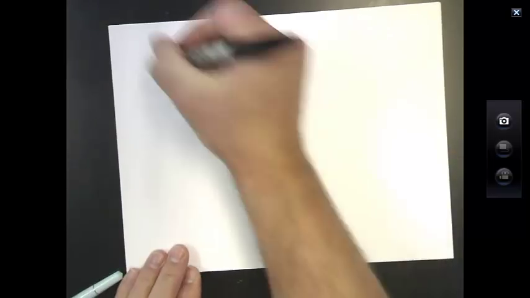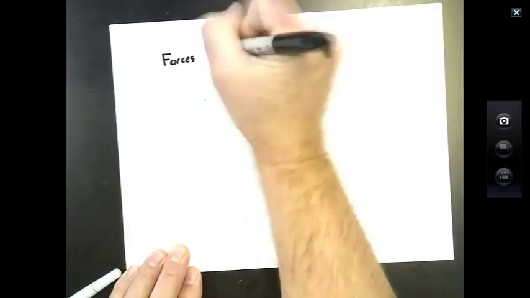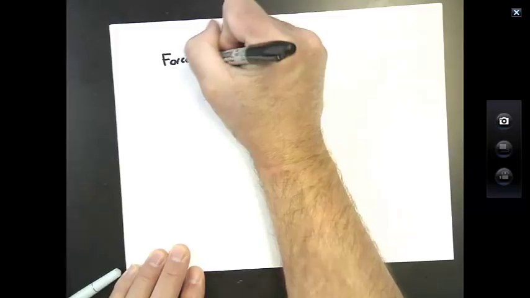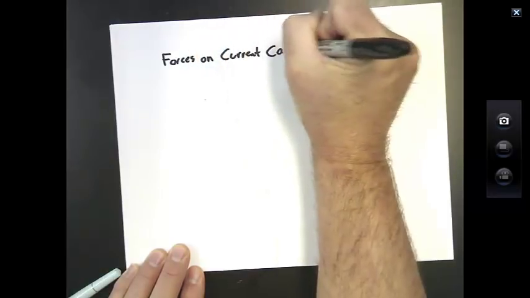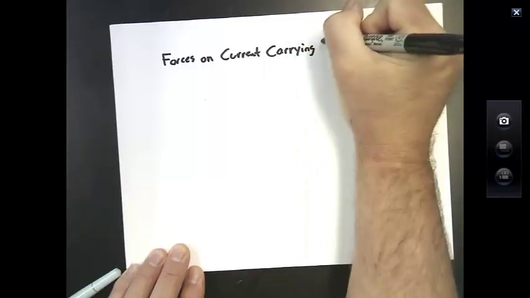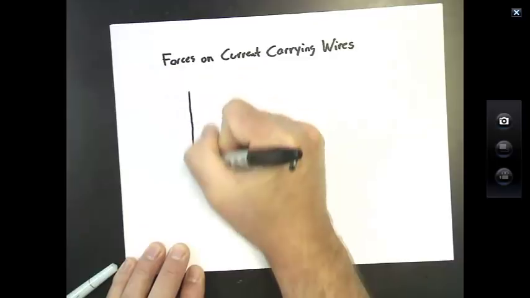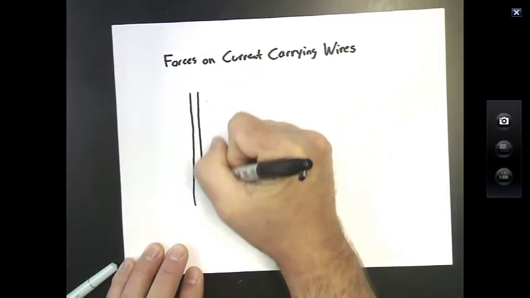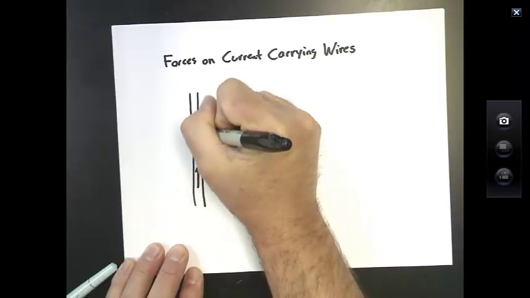As you're taking notes, this is called forces on current carrying wires. I need you to imagine a wire with a current flowing through it in this direction.